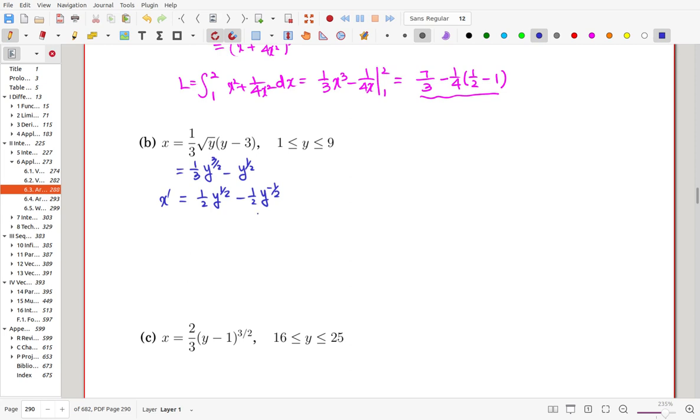So we get half times y to the half minus y to the minus 1/2. So 1 plus x prime squared is the same as 1 plus 1/4, that's squared, and then we make a square, so it's y, and 2ab, so that is minus 2, and here the square will be plus y to the minus 1.